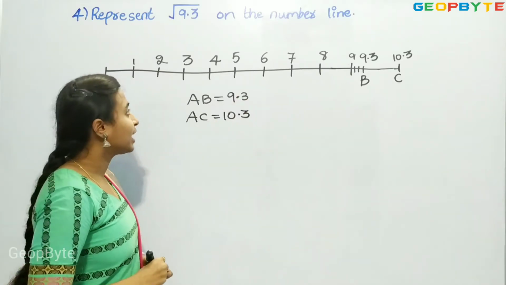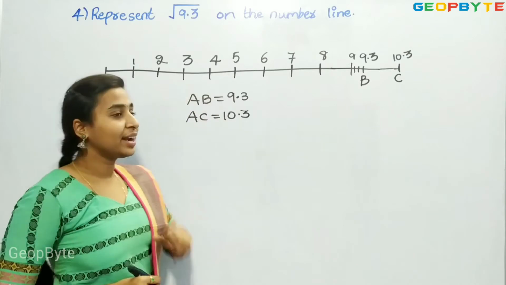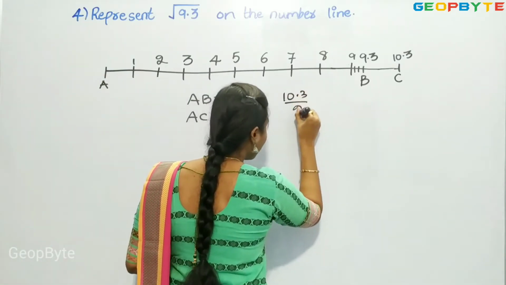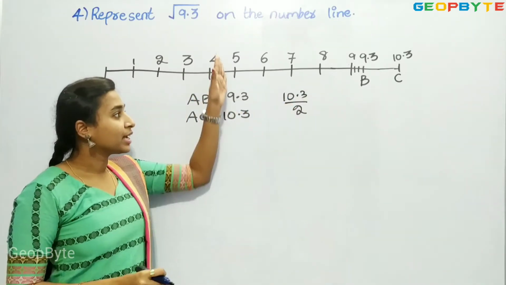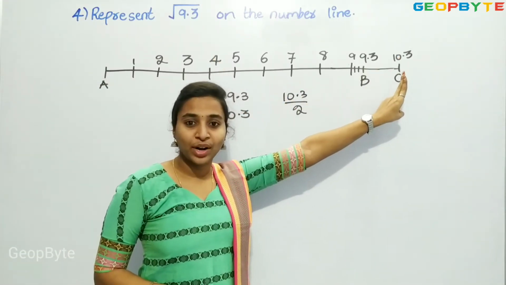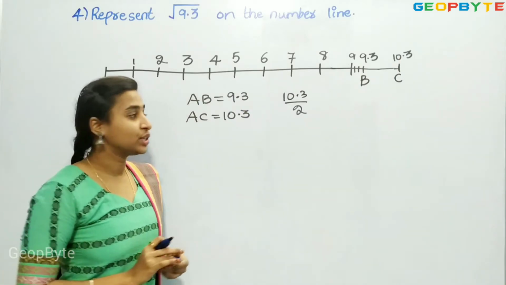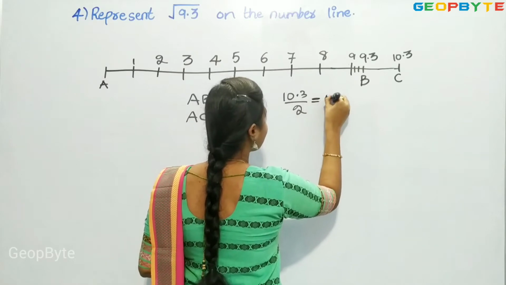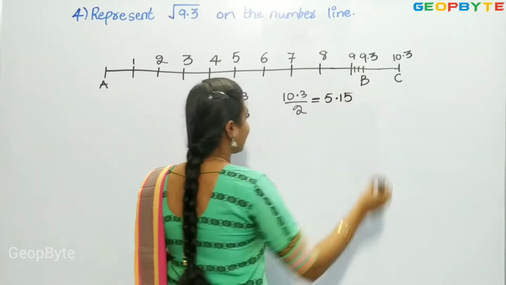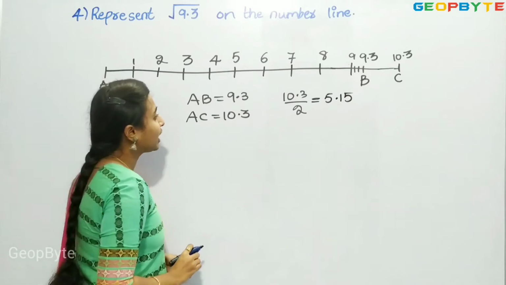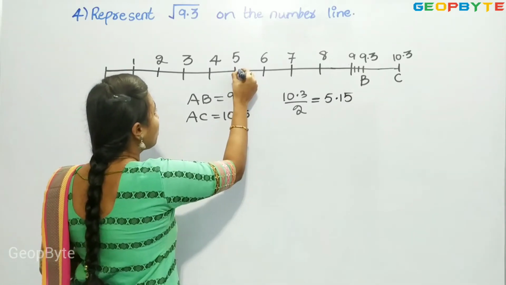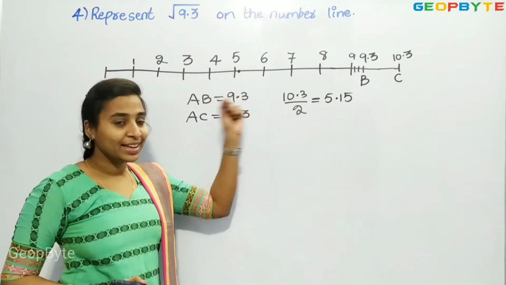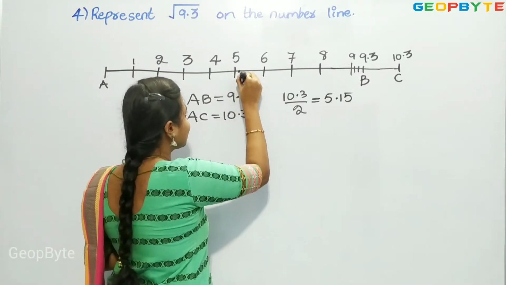Now take the center of this line. The center will be 10.3 by 2, which is 5.15. Take the point O at the center, which comes approximately here.